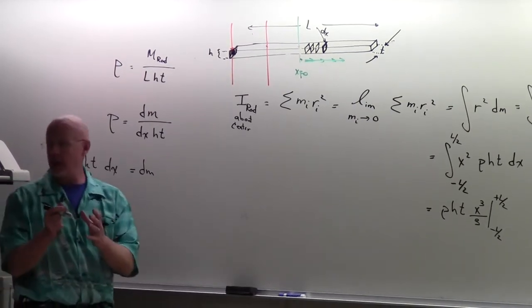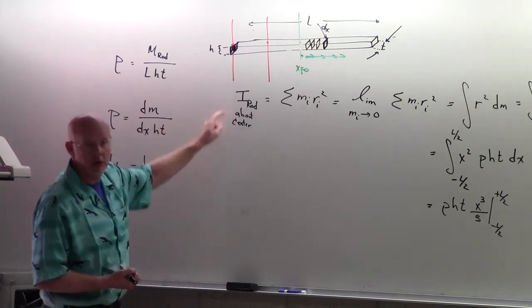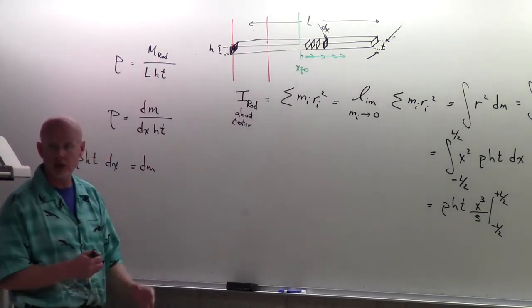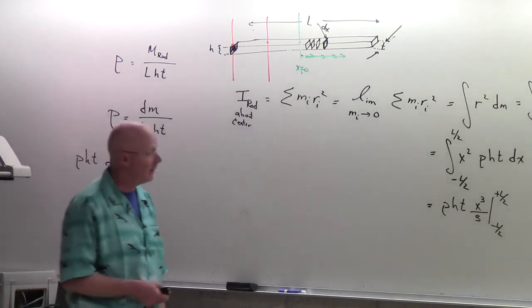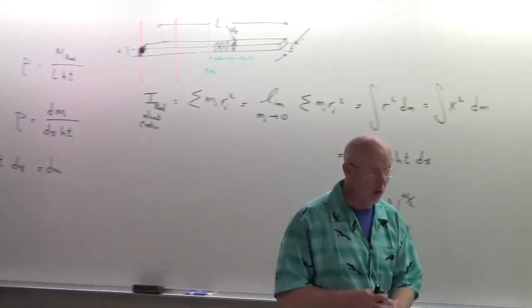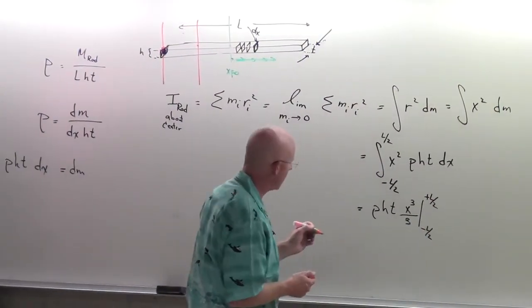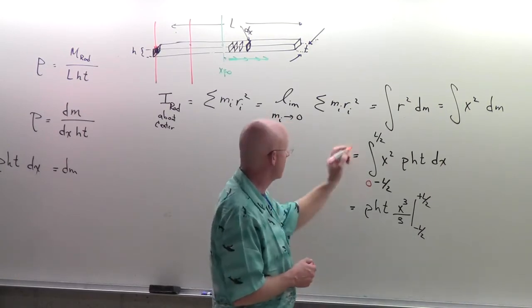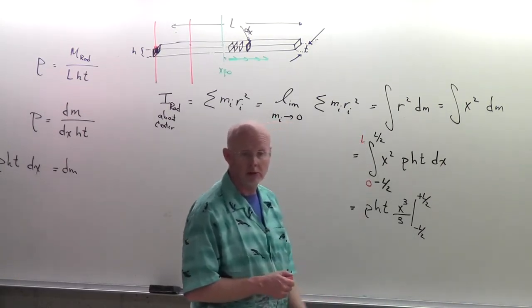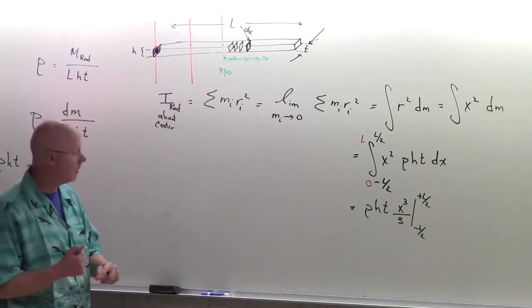By the way, how would this problem have been different if we had done it by the orange one here, rotation around its endpoint? Yeah, if I had done this in orange, I guess I would have started at 0 and gone to L. But other than that, it would be the same.